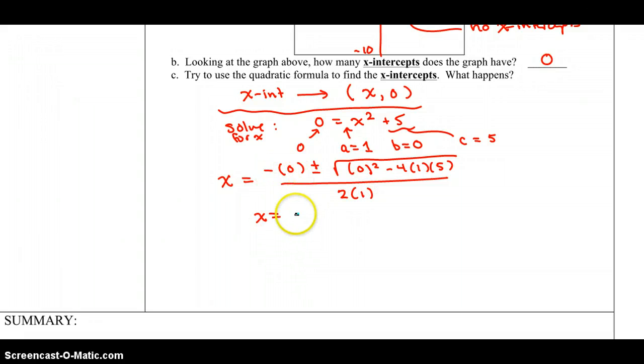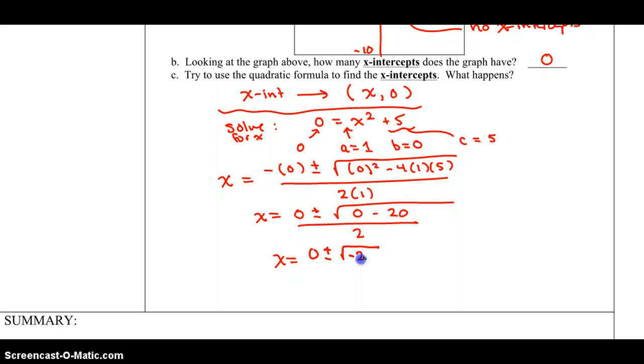Well, the opposite of 0 is 0. He's our only number who's his own opposite. Plus and minus the square root. 0 squared is 0. And here we're going to get minus 20. And 2 times 1 we get 2. So we're going to get 0 plus and minus the square root of negative 20, all over 2.